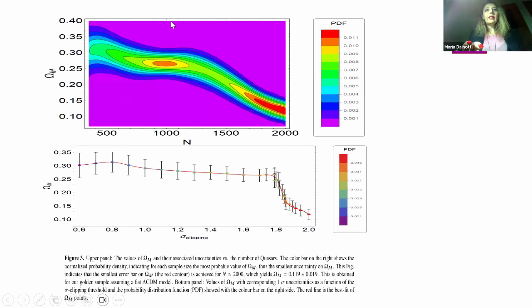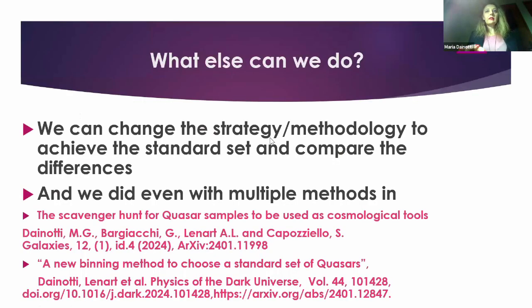So you can see very, very interestingly, we actually have two minima here at the value of omega m, one close to the expected value, but also for larger values of the number of quasars, we have an even smaller value that is almost consistent with a quasi-de Sitter universe. And this is something that we have been possibly discussing with this alternative theory.